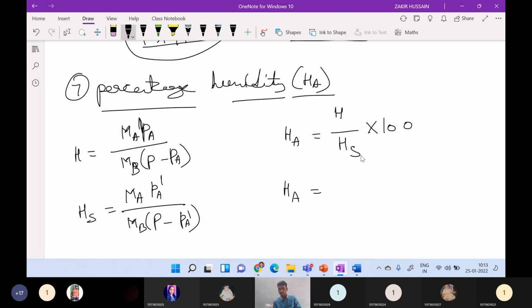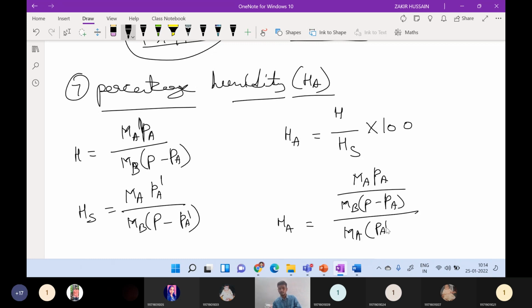Same thing we will substitute here. That is, HA is equal to absolute humidity, MA into partial pressure divided by MB into total pressure minus partial pressure, divided by MA into vapor pressure divided by MB into total pressure minus vapor pressure.